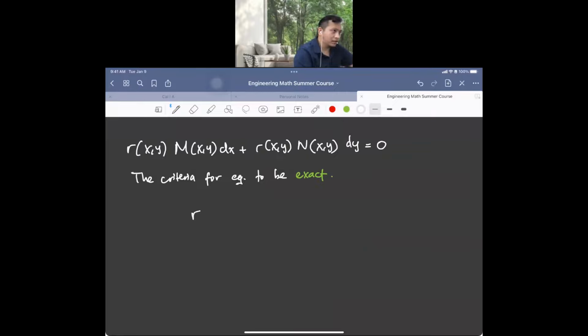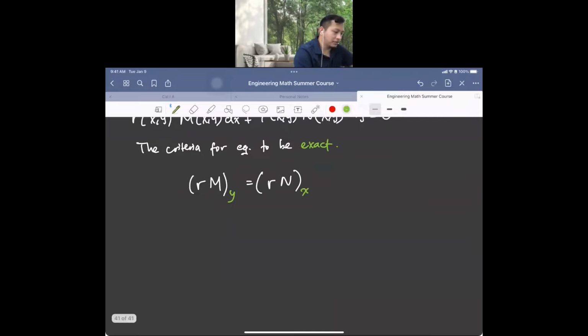So (RM) partial y, which means that we derive RM with partial y. Let me write it completely: (RN) partial x, or we can write as partial y of RM and partial x of RN.